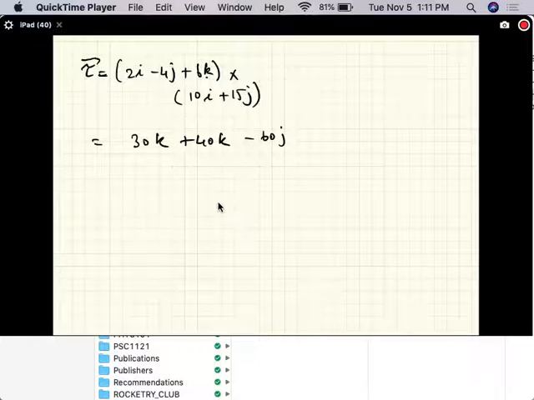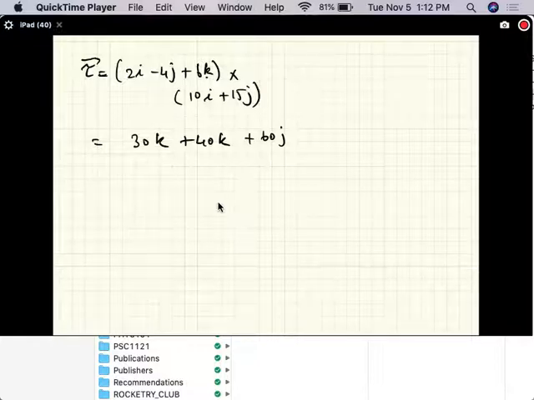And k cross j is, whoa, what happened? k cross i is minus j. No, k cross i is plus j. Sorry, k cross i is plus j. So what you're doing is going in a circle: i, j, k. i cross j is k, k cross i is j, and so on.